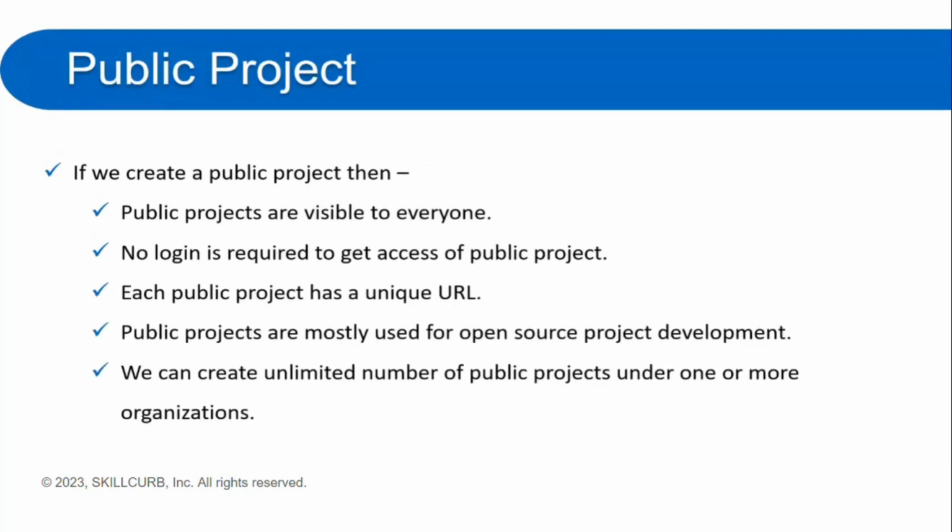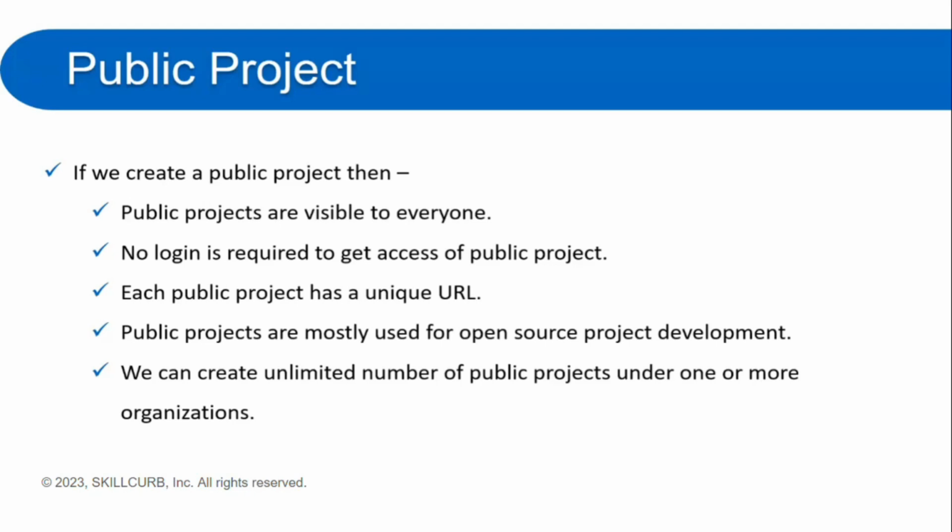So the first one is the public project. Public projects are visible to everyone and anyone can easily see and access all the contents present inside the public project. Moreover, no login is required to get access to the public project, and each public project has a unique URL.